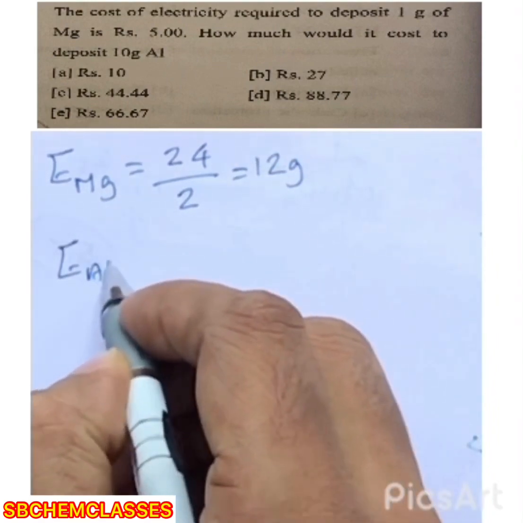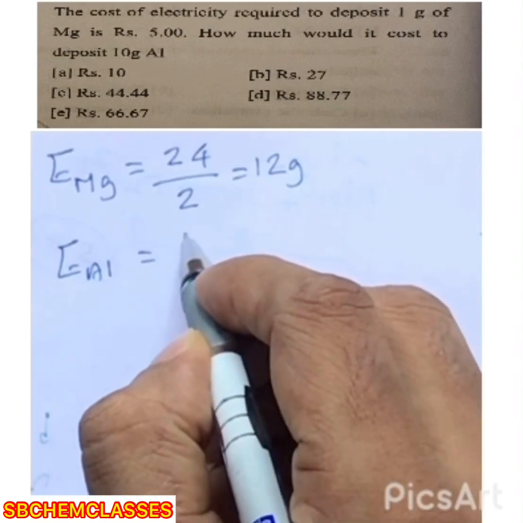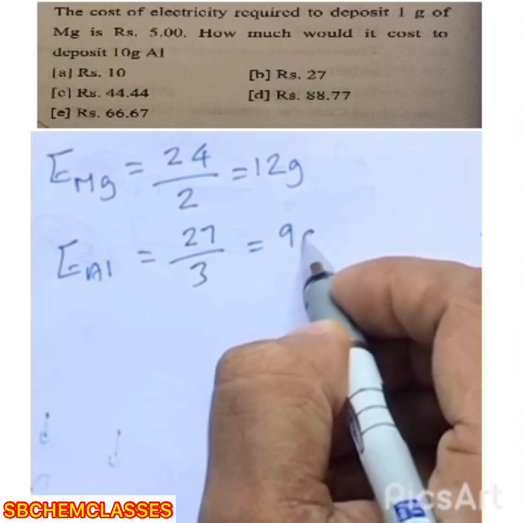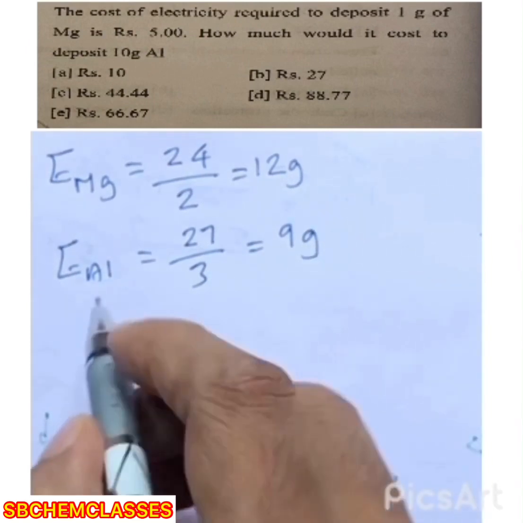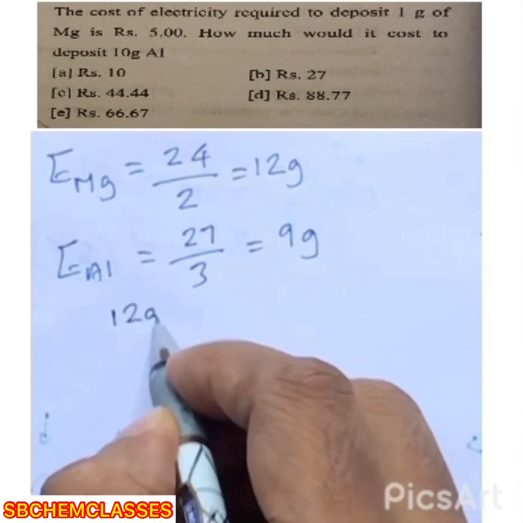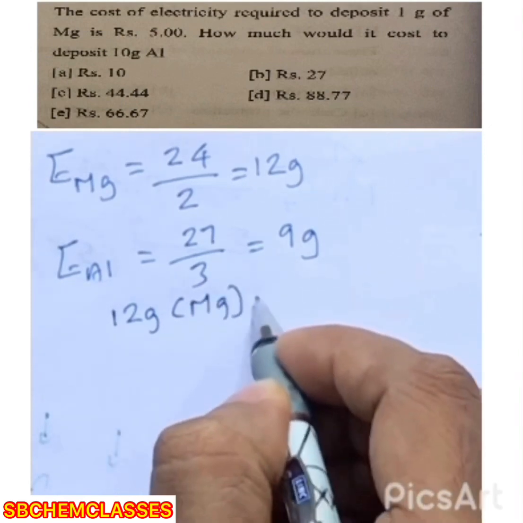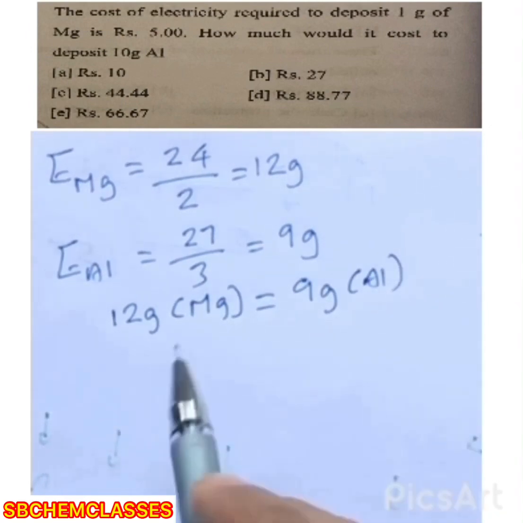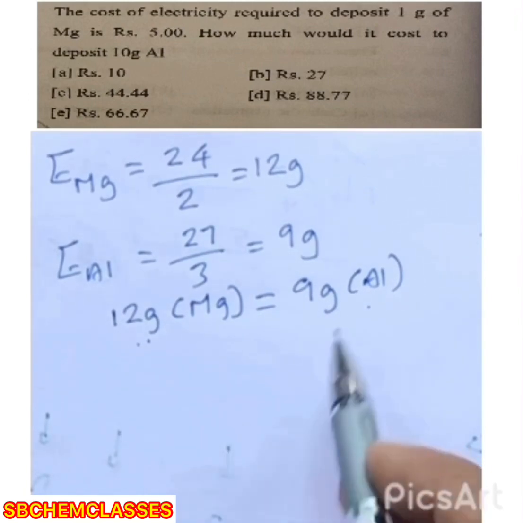Equivalent mass of aluminium is its molar mass 27 by valency 3, that is 9 gram. So 12 gram magnesium and 9 gram aluminium have equal cost to produce.